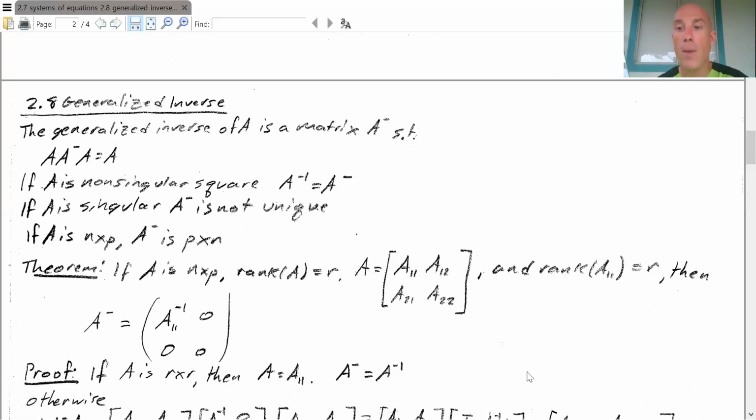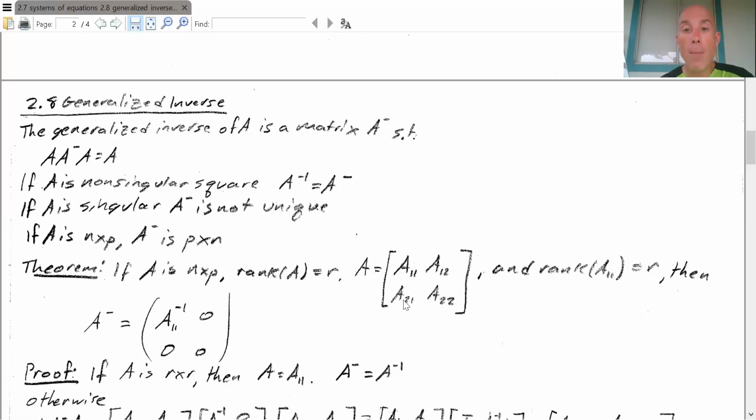Let's think about this. If the rank of A11 is R, then that means that when I look across all the rows on the top blocks, then A12 has to be in the span of A11.